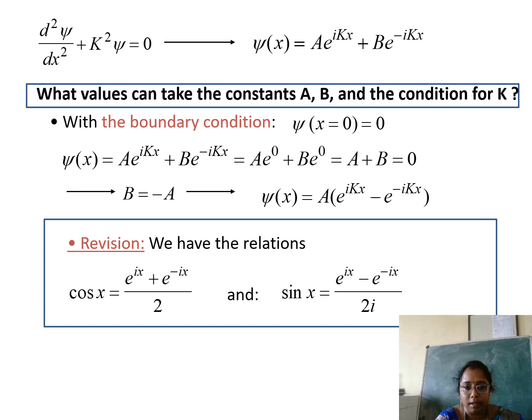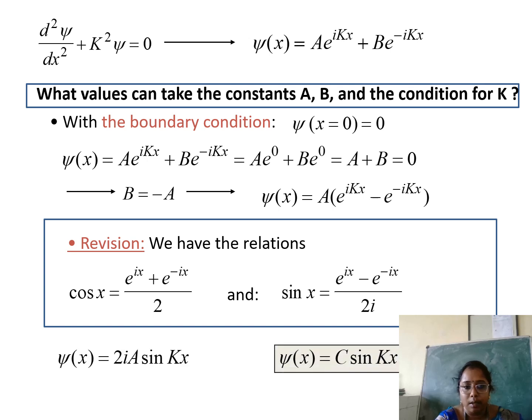We have the relations cos x = (e^(ix) + e^(−ix))/2 and sin x = (e^(ix) − e^(−ix))/2i according to mathematics. By using these relations, we can modify ψ(x) and apply the boundary conditions.